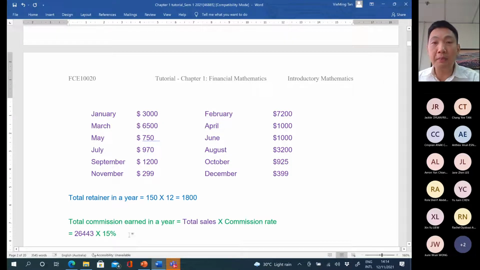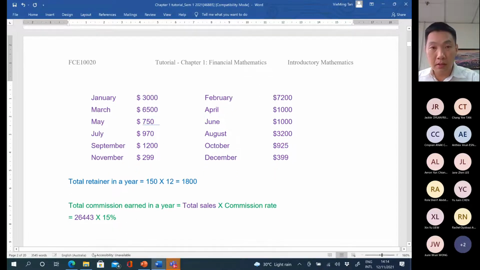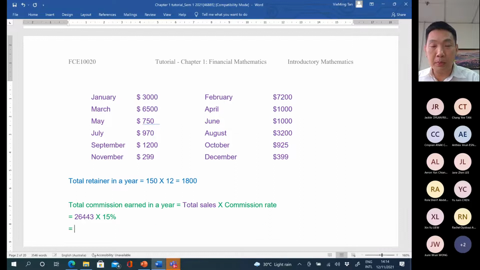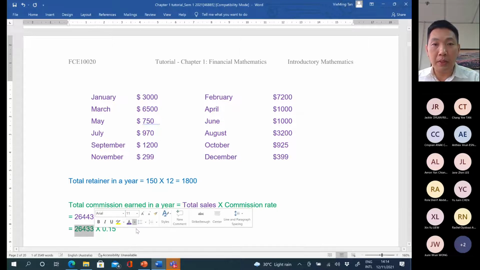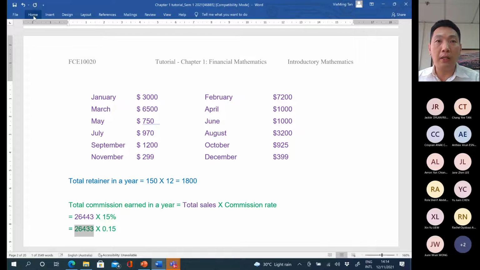Okay, then we know that 15% means 15 divided by 100. So if you are good enough, you can just put 0.15 directly. 0.15 is because 15% means 15 divided by 100.